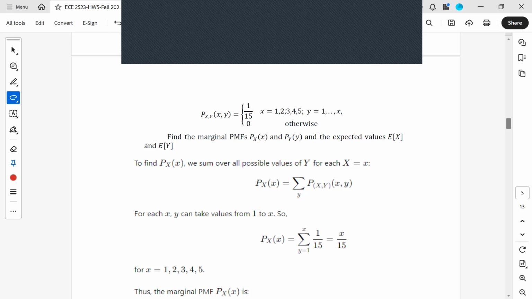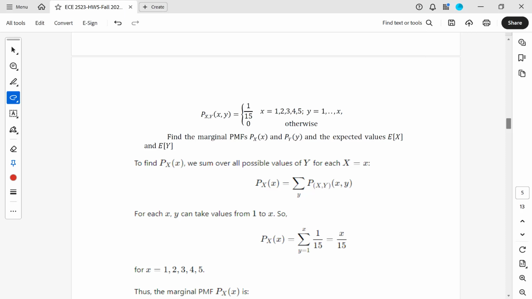The Y random variable is conditioned, and the span of Y depends on the value of X. So the higher limit that Y could get in our PMF is Y equal to X.